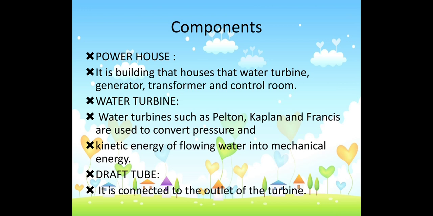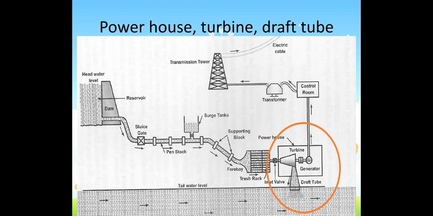Next component is the powerhouse. It has the generator, transformer and control room. We use a water turbine, classified as Pelton, Kaplan and Francis. In the next classes we will discuss all the types of water turbine. The kinetic energy of flowing water is converted in the turbine. The draft tube is connected to the outlet of the turbine.